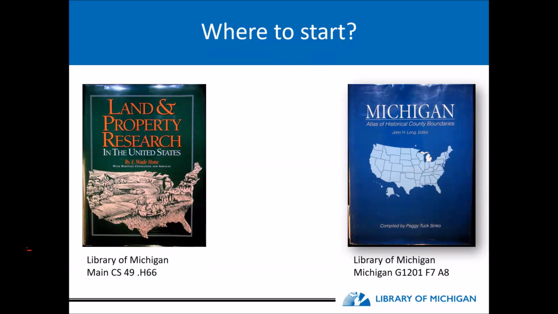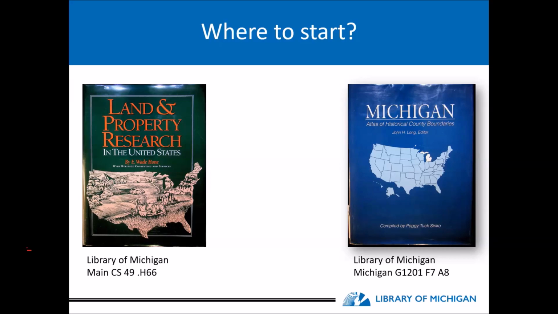But before I talk about that, just some brief information about land patents for those who are unfamiliar. First, the availability of land helped encourage migration to get people here to Michigan. And it's important to note that the first sale of a piece of land is called the patent, and then the person purchasing that land is the patentee, and then subsequently they're the deeds.